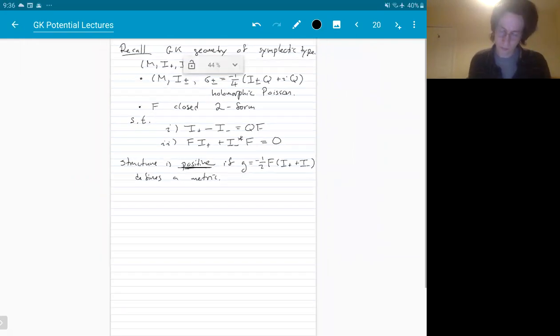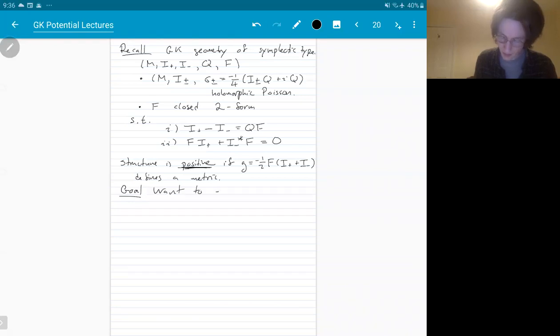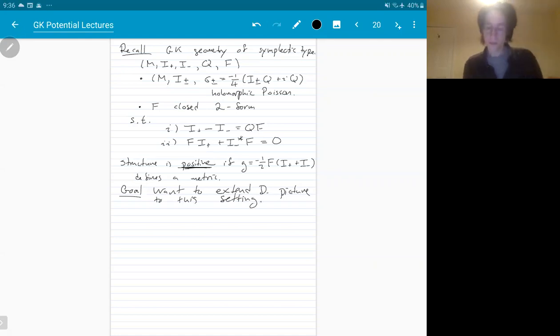And yeah, so basically the goal is that we want to extend Donaldson's picture to this setting. And the new feature here is the presence of the Poisson structure. So the new feature is the Poisson geometry.